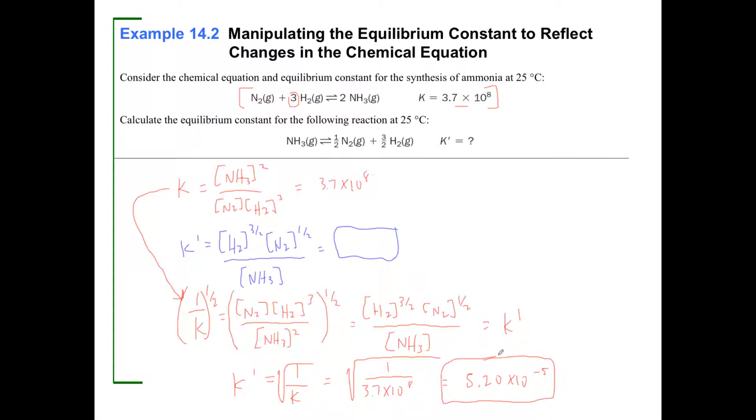Let me just check my notes here, make sure I don't make any mistakes. It's very frustrating when you do. Actually, I'm not even going to check the notes. I want you to walk through this with me. So first of all, let's just go backwards now. Let's take this and square it. 5.2 times 10 to the minus 5 squared.